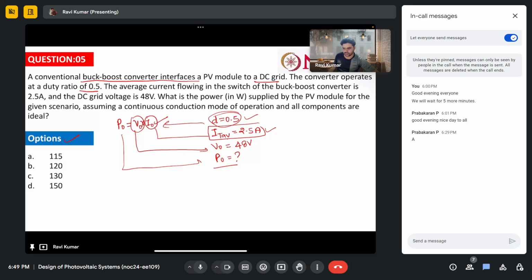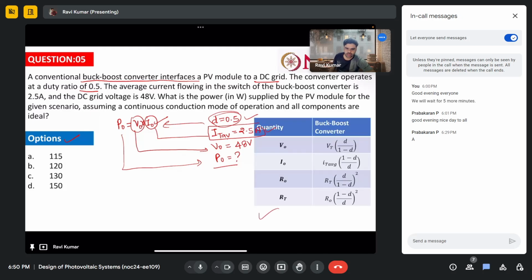Sir, I think B is the answer, 121. Okay, use this, this is given here. For buck boost converter, the relation between this I naught and IT average is given here. Calculate this I naught, multiply with this V naught, and then get the P naught.